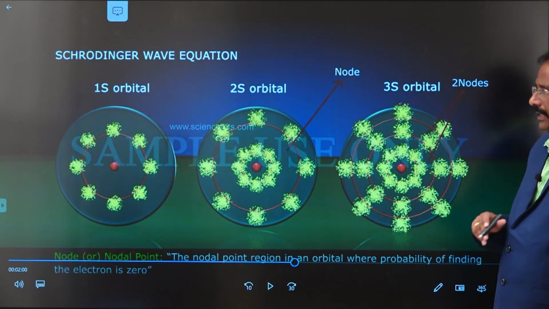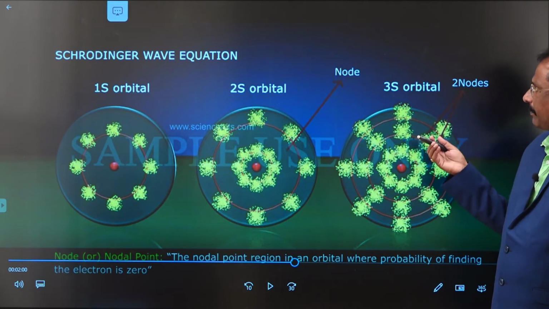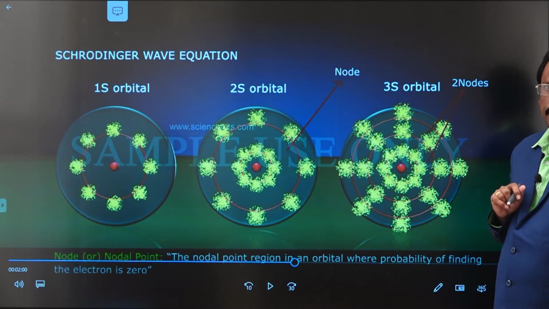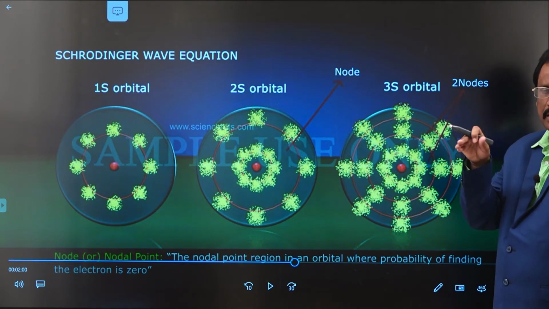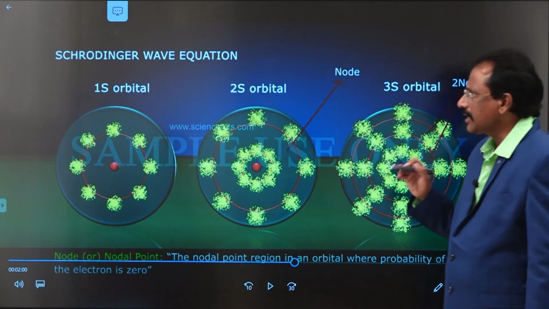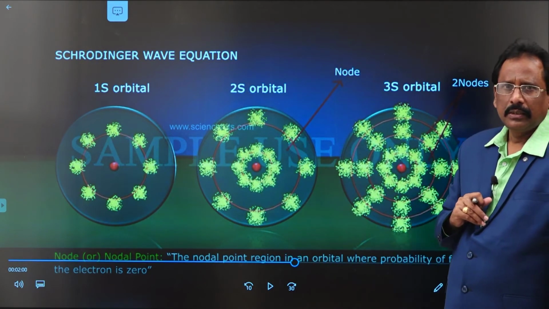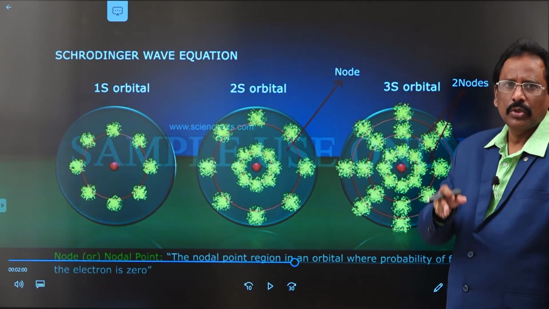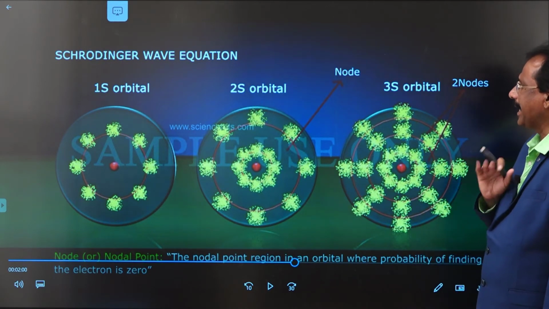Node is defined as the region of space where the probability of finding the electron is minimum or vanishes. That spherical region is said to be node. For 1s orbital, the total number of nodes is equal to 0, because that is the starting orbital in an atom.